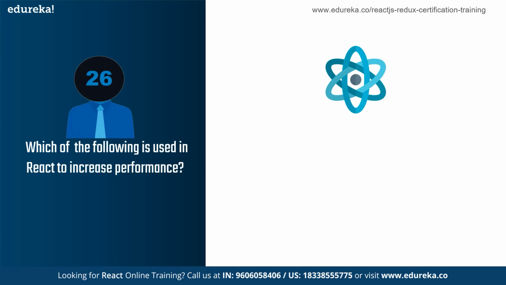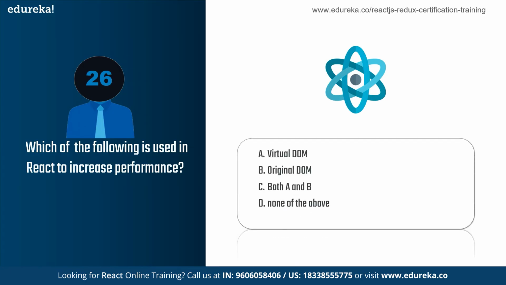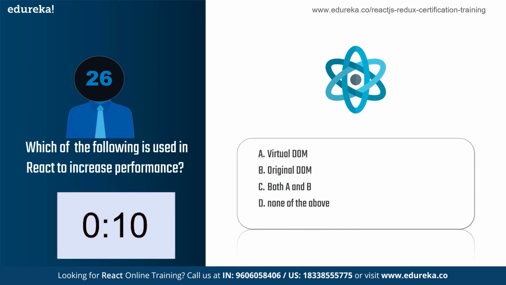Which of the following is used in React to increase performance? Your options are A, virtual DOM, B, original DOM, that is actual DOM, C, both A and B, D, none of the above. Your time starts now.